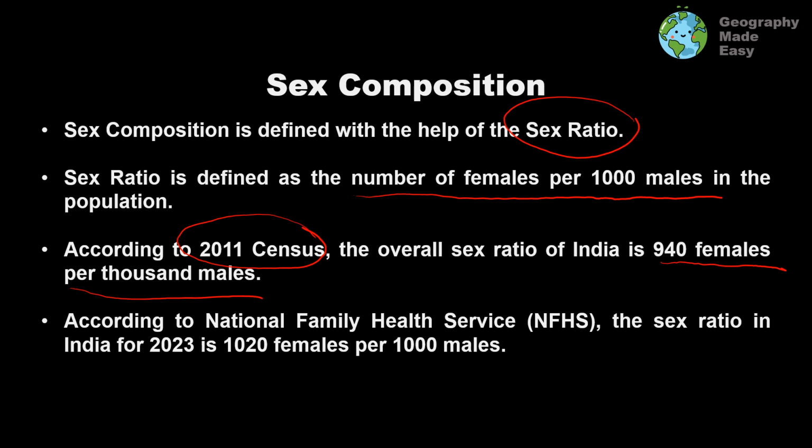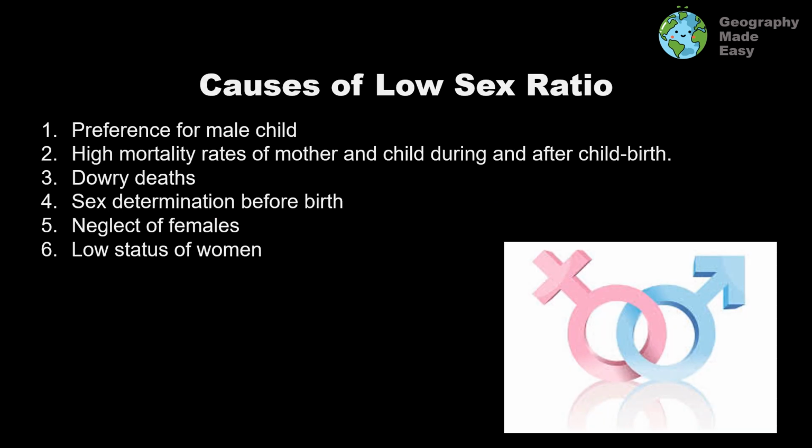According to very recent data published by the National Family Health Survey, the sex ratio in India for 2023 has actually improved a lot, and is 1020 females to 1000 males. And if we have the next census and we get a similar figure, we will know that this problem of sex composition, which was prevalent in India, has actually been eradicated.